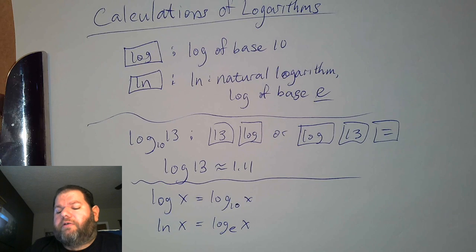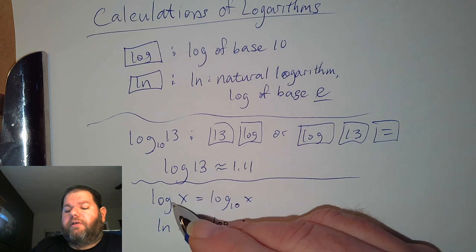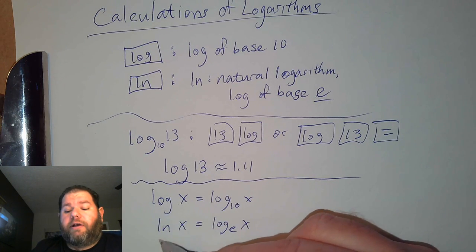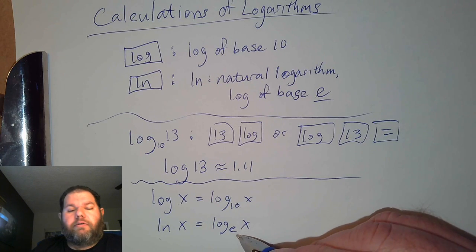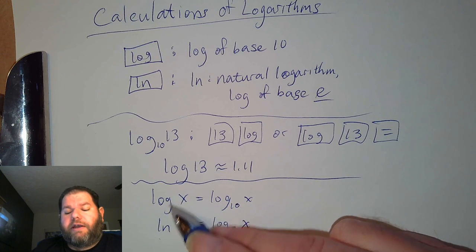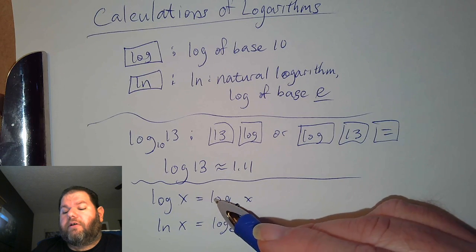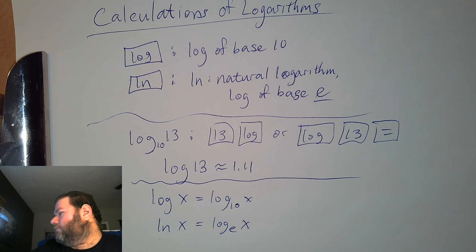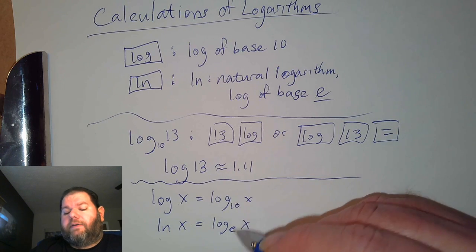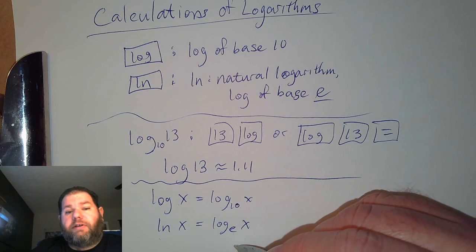And when there's no base written, depending on whether it's log or ln, then we know it's either base 10 or base e. So log base 10, log base e. Those are the only two bases that we can typically use our calculators to find.